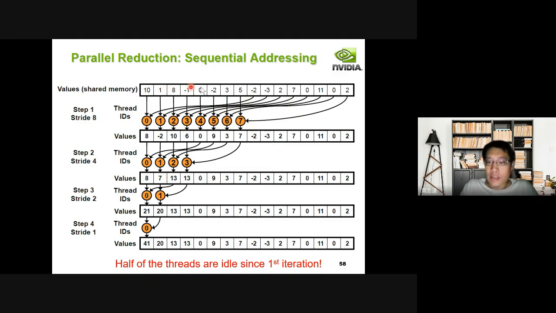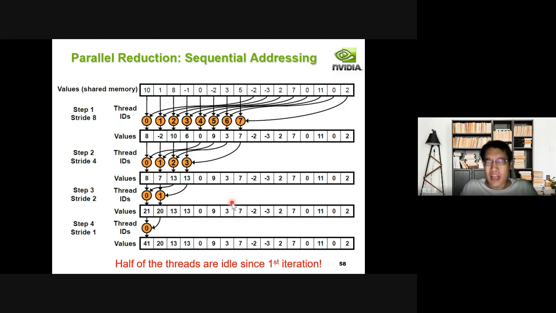We require 16 threads to move the data from global memory to shared memory if we want a thread to move one element only, because as you can see here, we have 16 elements. So we need 16 threads if we only let one thread move one element. But in terms of the computation, we only need half of the threads from the beginning, right?